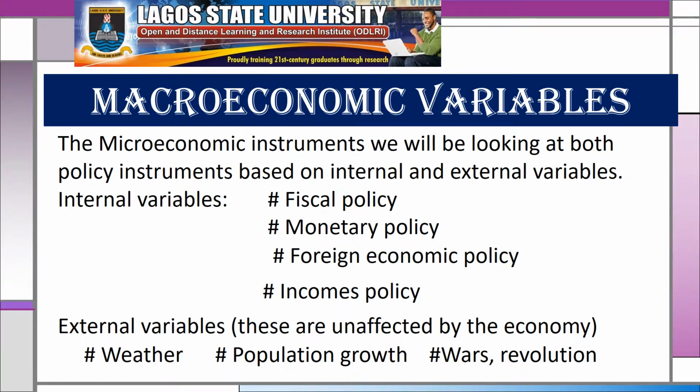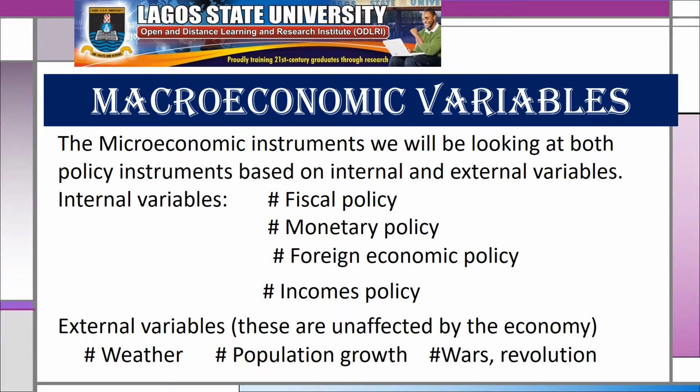Macroeconomic variables. We will be looking at policy instruments based on internal and external variables. The internal variables are the fiscal policy, the monetary policy, financial economic policy, and the income policy.